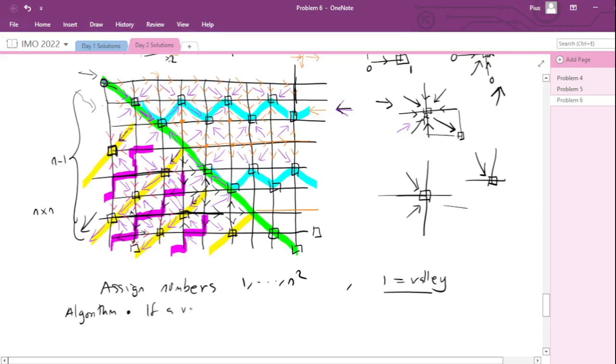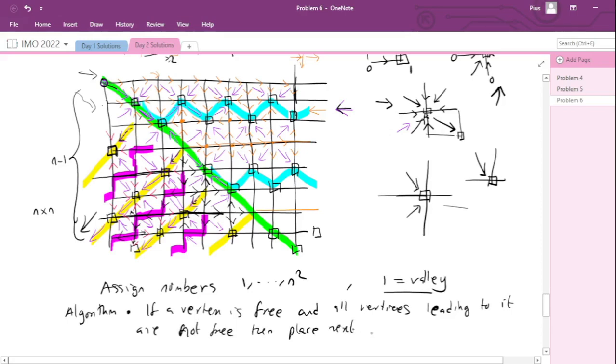So if a vertex is free, that is, we've not assigned any number to it, and all the vertices that lead up to it are not free, then we place the next number there.